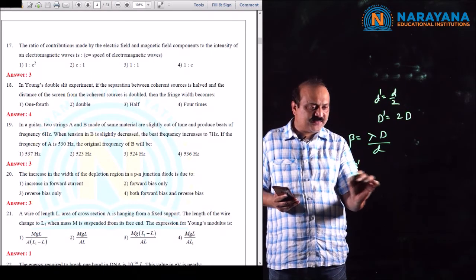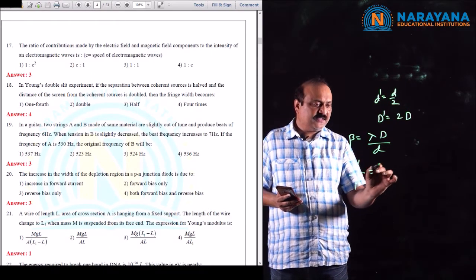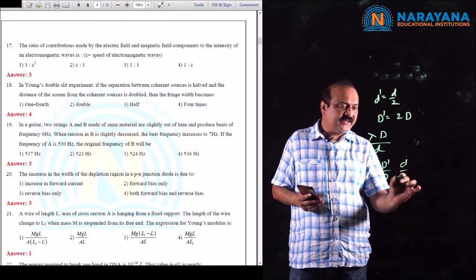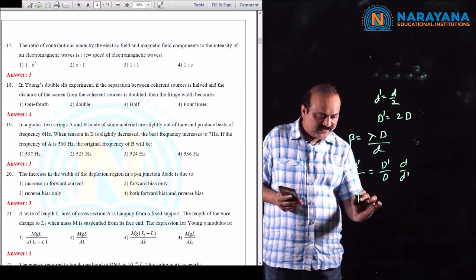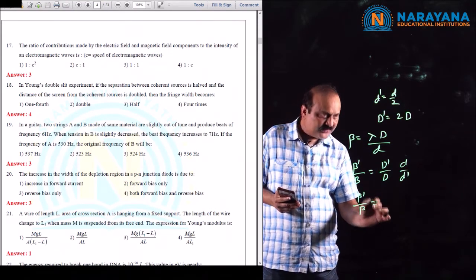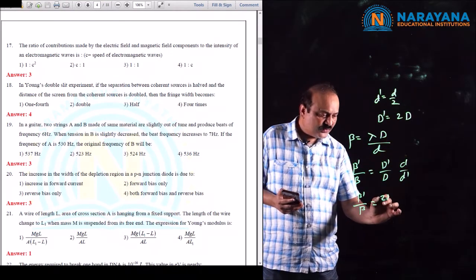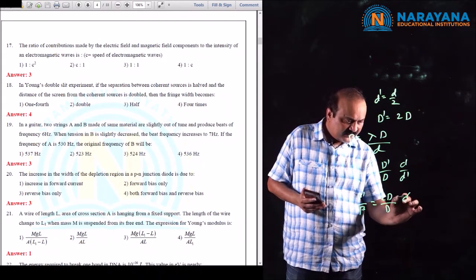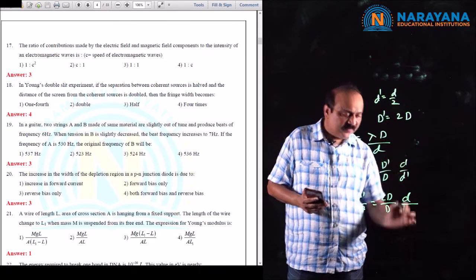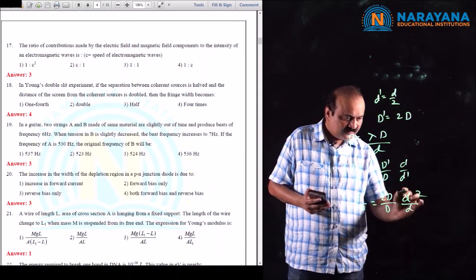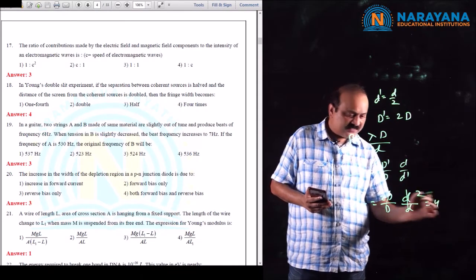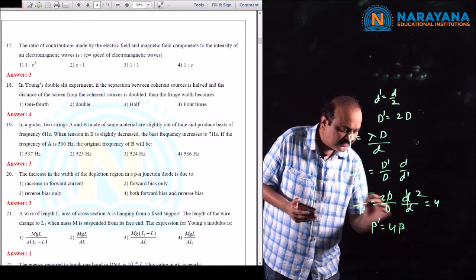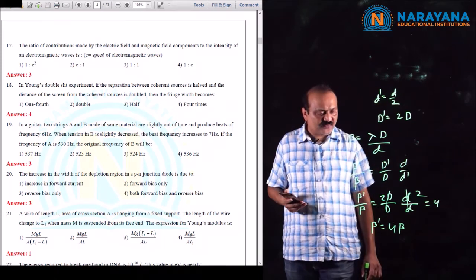Therefore beta dash by beta is equal to D dash by D times d by d dash, which is 2D by D times d by d by 2. So this is equal to 4 times. So the fringe width beta dash is equal to 4 beta. The fringe width becomes 4 times.